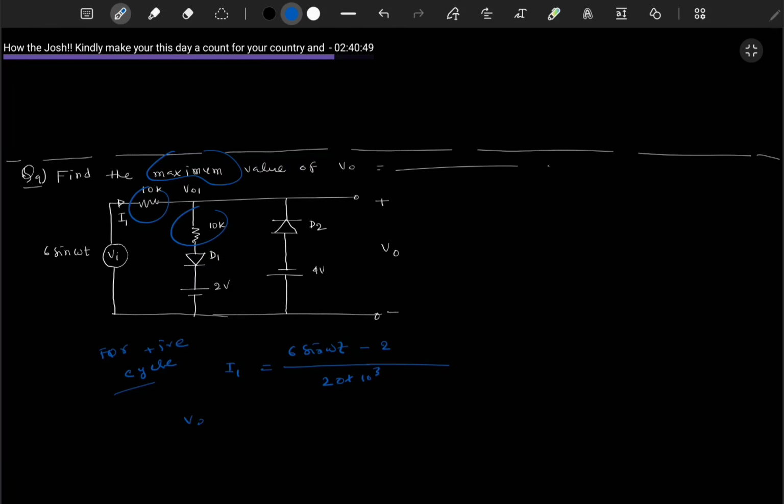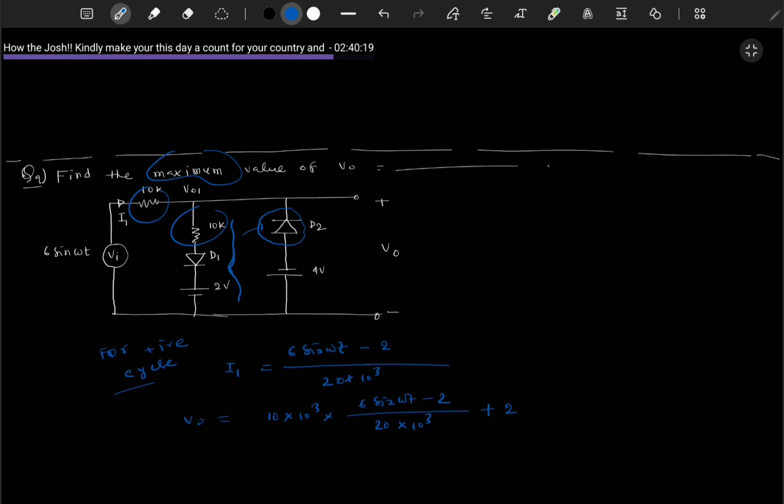Now VO in the positive half cycle. This diode will be open circuited, only this much there, so VO will be 10 into 10 to the power 3 into 6 sine omega t minus 2 by 20 into 10 to the power 3 plus 2.